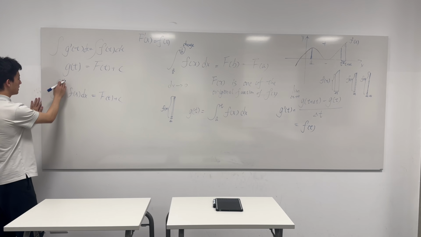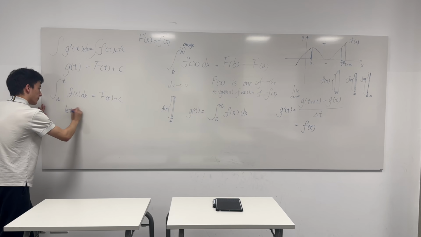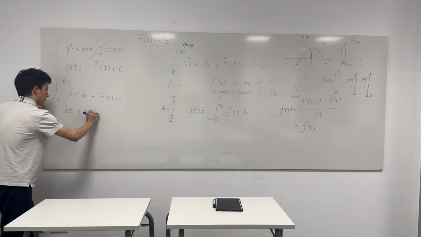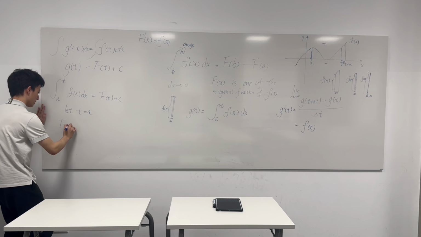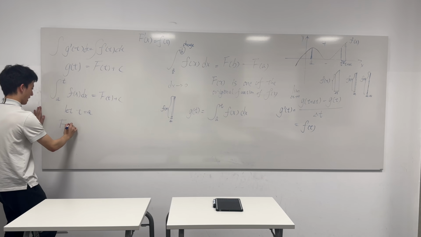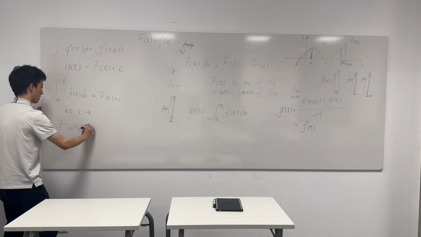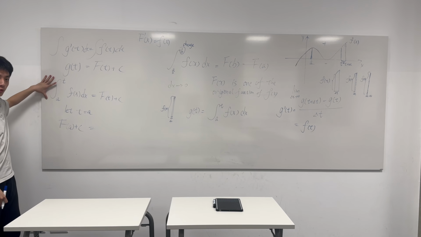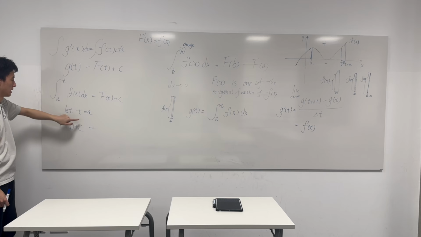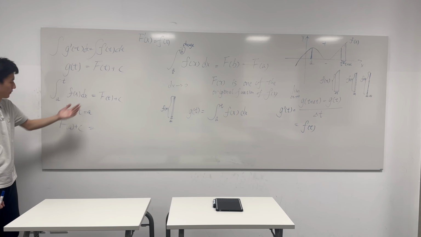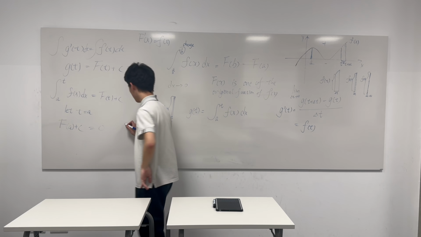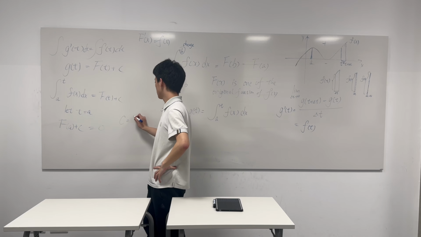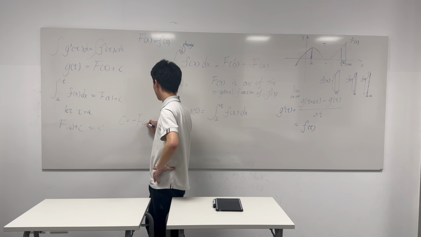So the thing we want to do, okay, we know that the definite integral from a to t of fx dx is equal to Ft plus c. So let t equal a. Then we know that this right side will be Fa plus c. The left side will be 0. Why? Because when we let t equal a, no matter what the function is, it will be 0. If Fa plus c equals 0, it means c equals negative Fa.